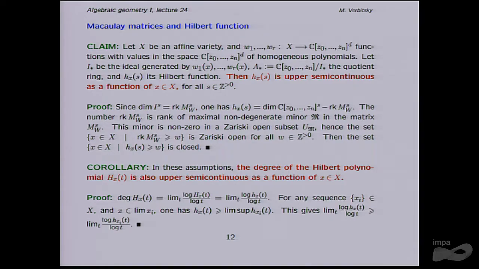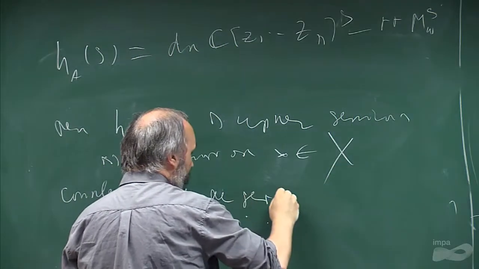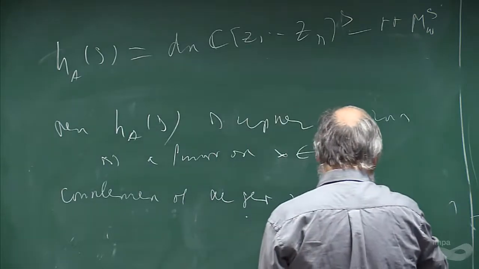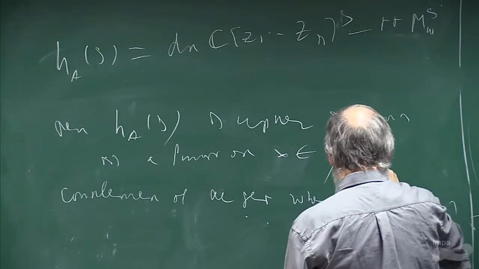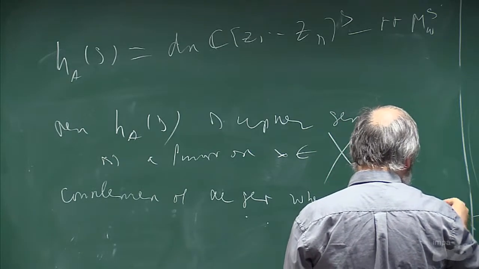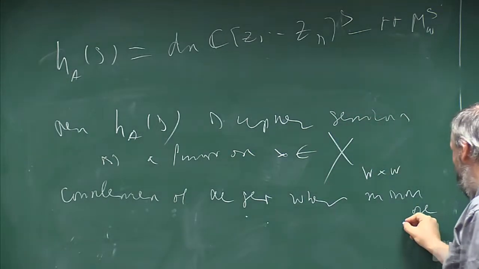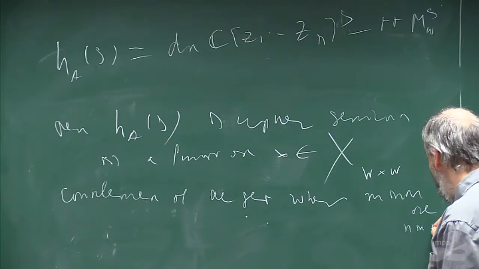This means that the set where the rank of the matrix is at least W is Zariski open, and then its complement, the complement of the set where the W times W minors are non-degenerate, is Zariski closed.